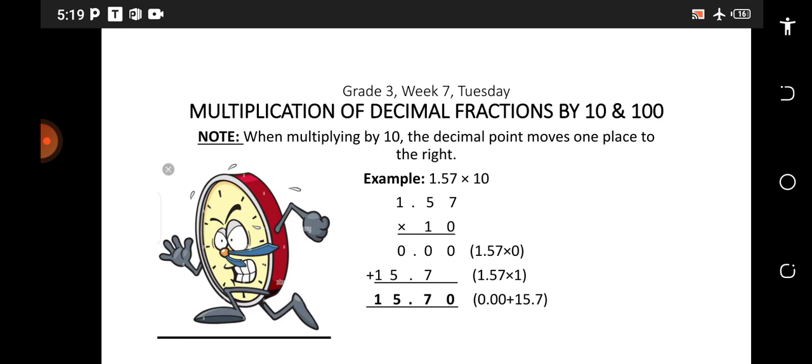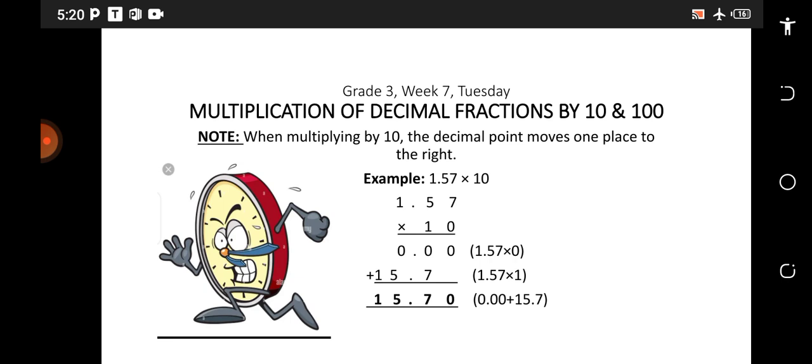Then any number multiplied by 1 is that number, so 1.57 multiplied by 1 gives us 1.57. Now we multiply the first digit by all the numbers on top, then the second digit by all the numbers on top, so we add them.